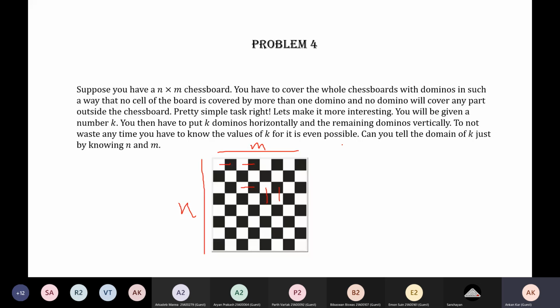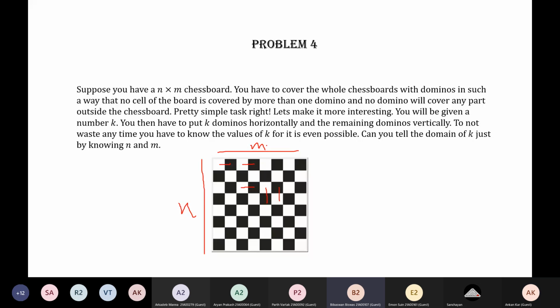Suppose m is odd. If m is odd and you are putting horizontally, you are saying 0 horizontally, right? Yes, 0 horizontally will suffice, only in case m is odd.